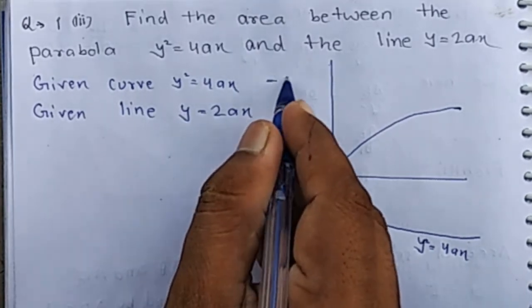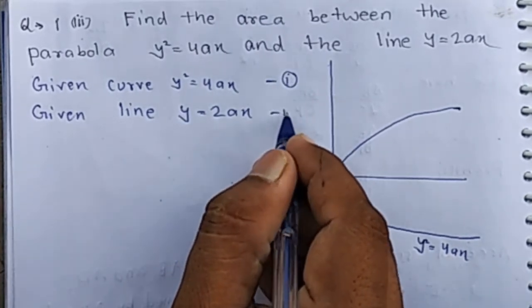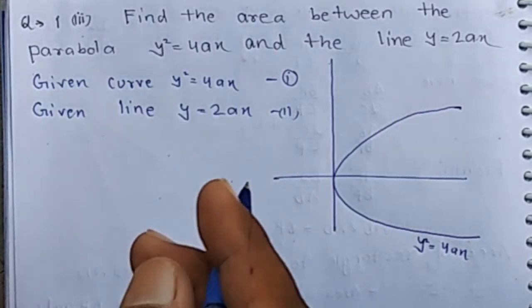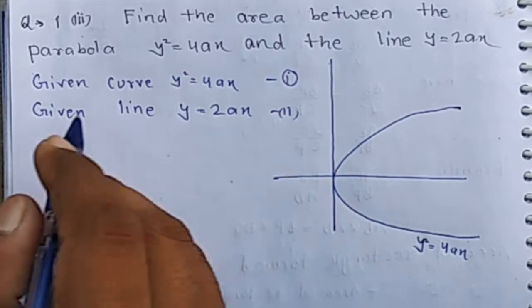Firstly, we find the intersection of the curve and line. For it, we simply solve both these equations.